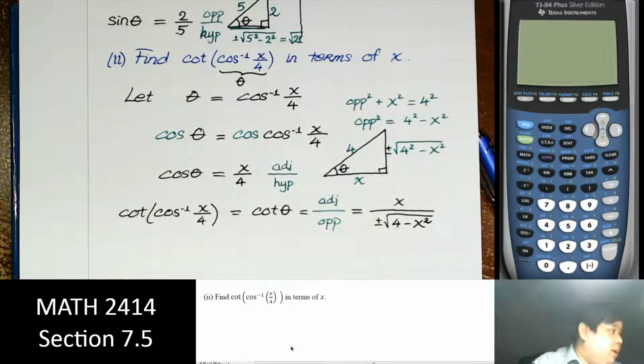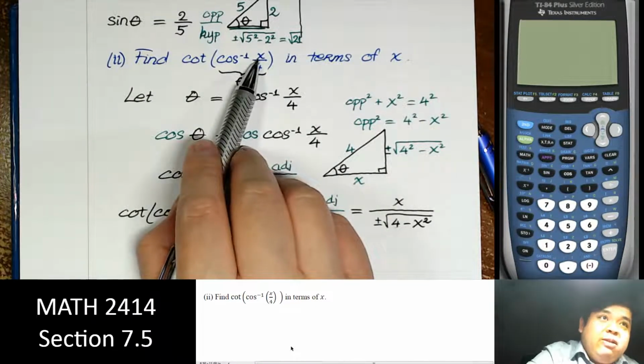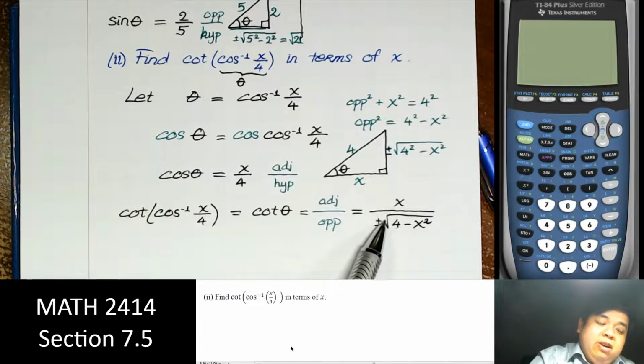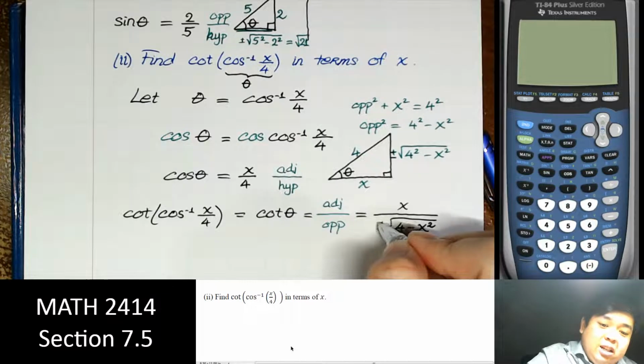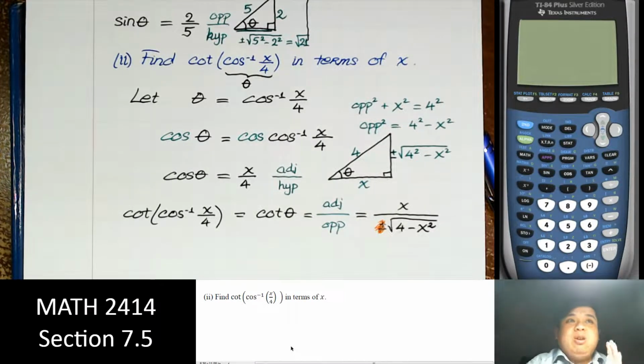Now, if we want to do this perfectly, if x is positive, it will end up with positive. If x is negative, it will end up with negative. So actually, in this case, the plus or minus here is not really relevant. We don't need the plus or minus here.